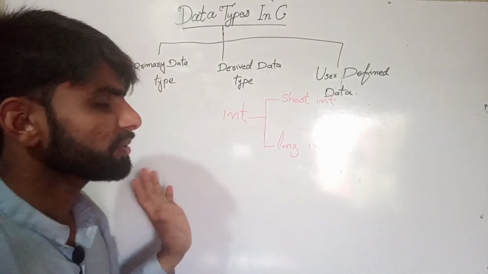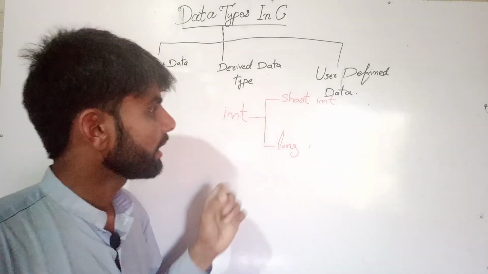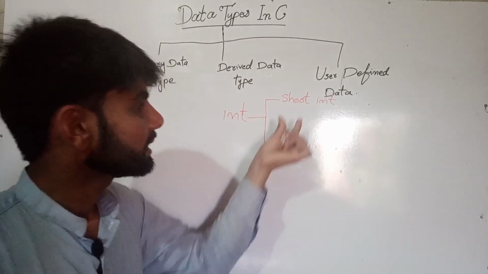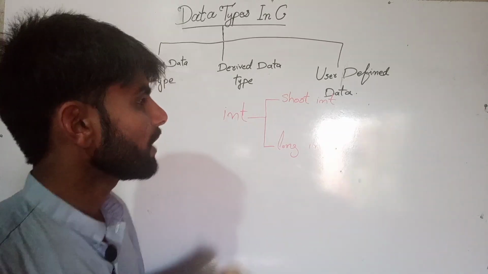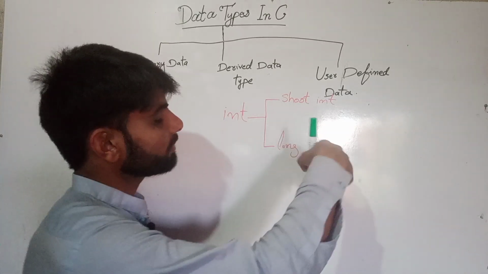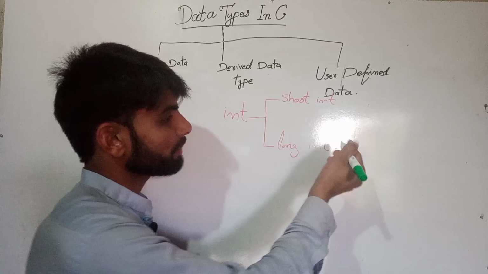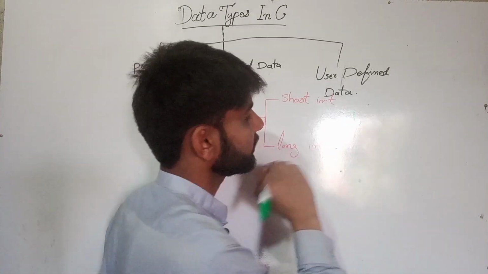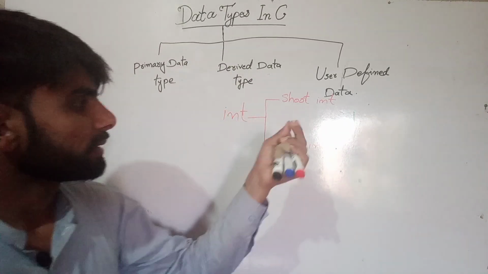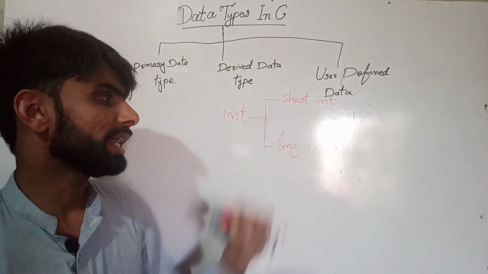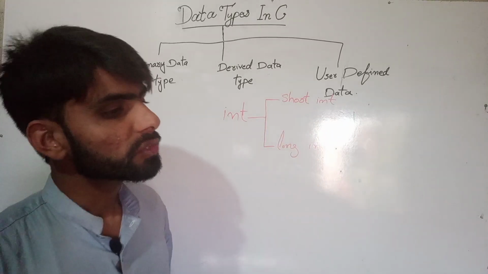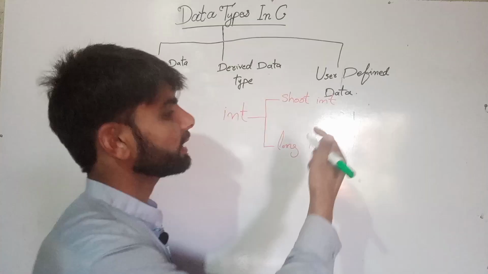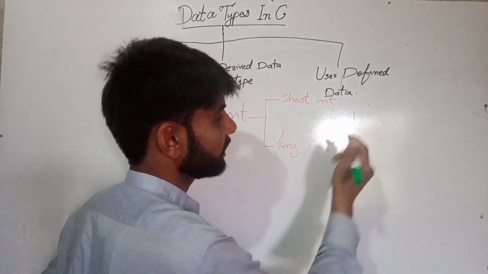Basically, data is stored in integer data types, right? Then why are these data types needed? For example, you want to store data, only the number 1, right? Then you need only a short int data type. If you want to store larger data, then you need long int, right?